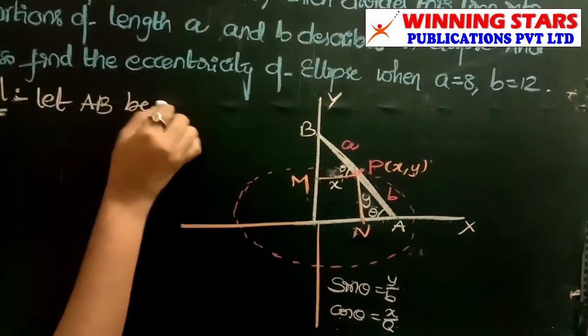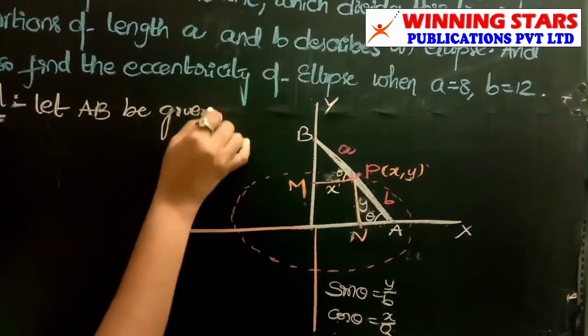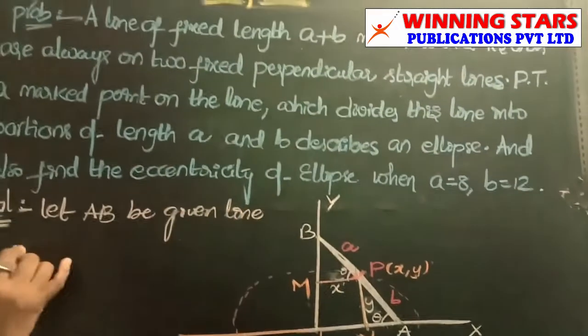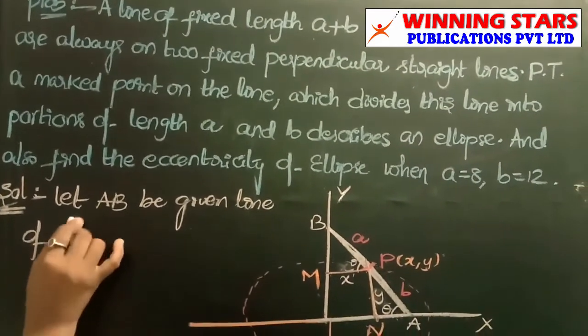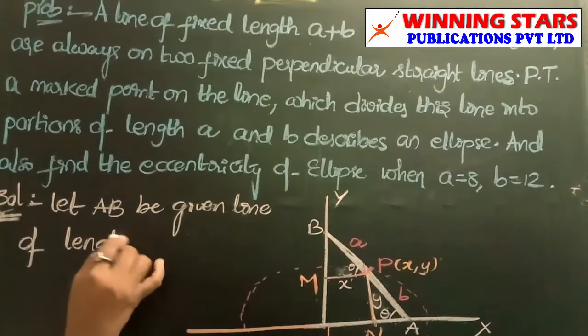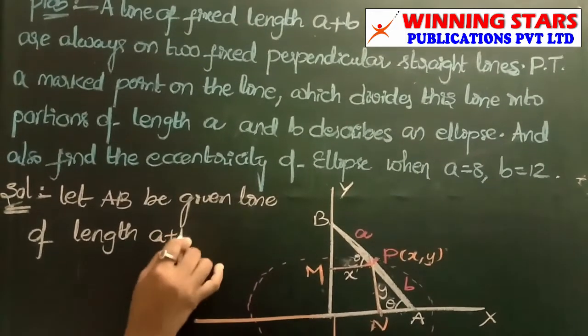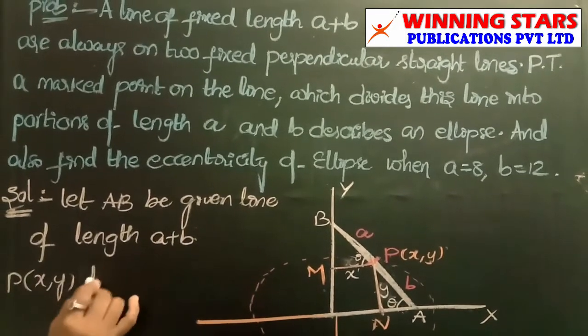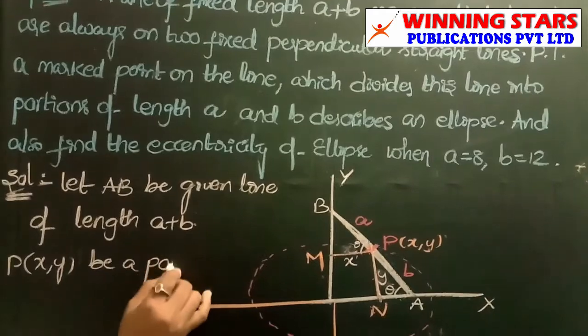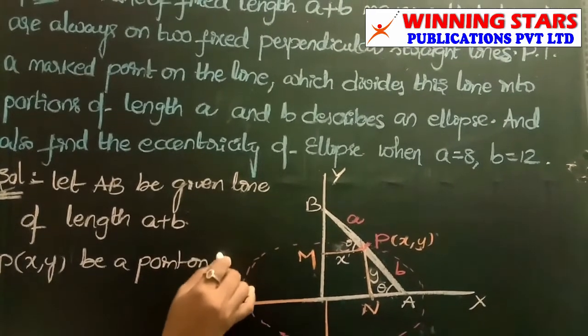Let AB be the given line of length a plus b, and P(x, y) be a point on AB.